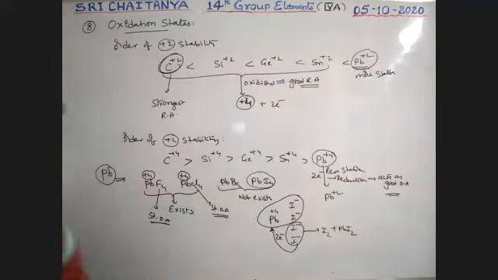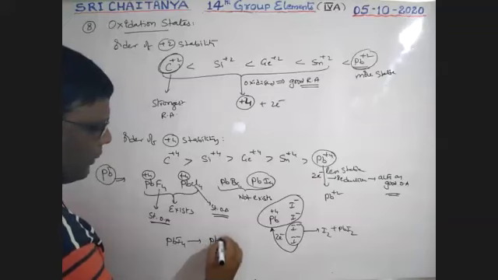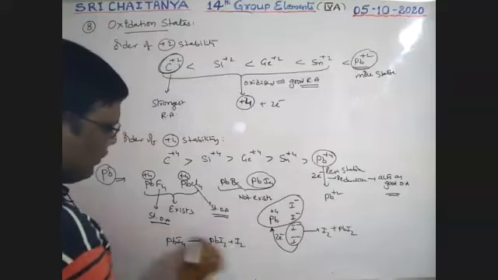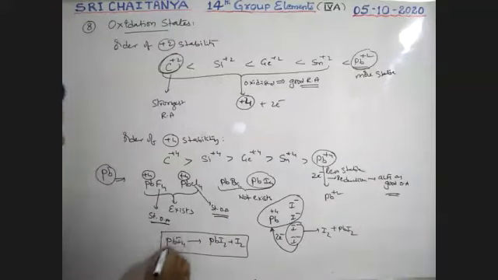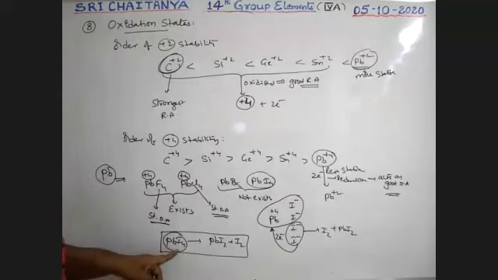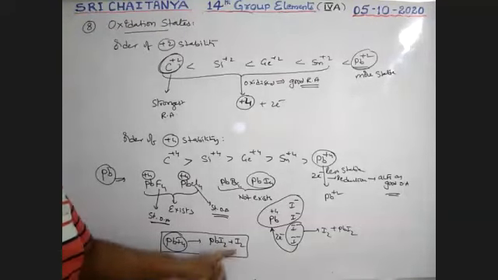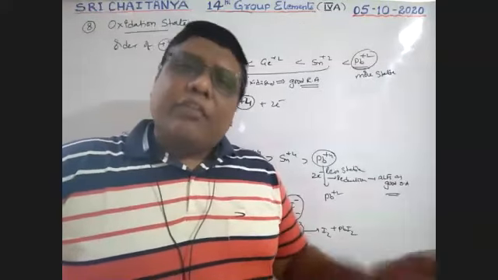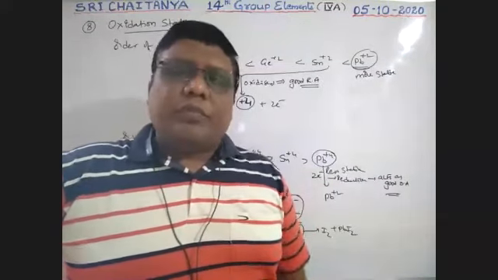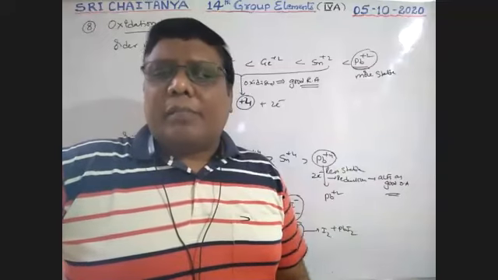Therefore PbI4 splits into PbI2 plus I2. So it is unstable, and it is converted into PbI2 but not PbI4. PbF4 exists but not PbI4.